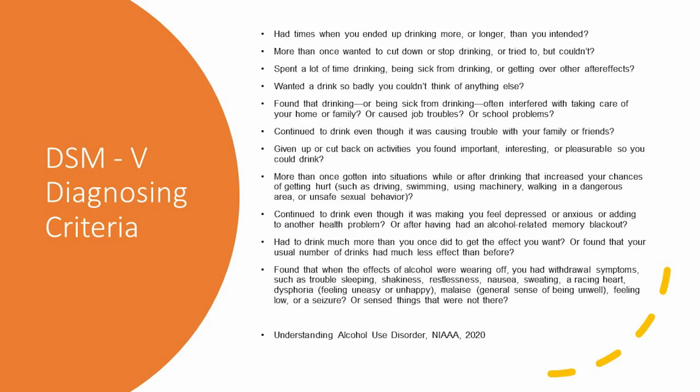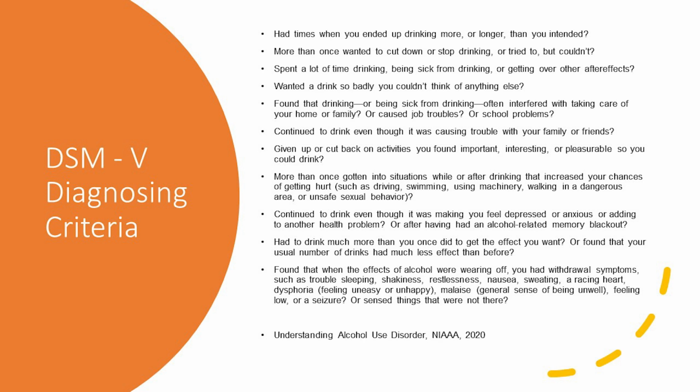Now we're on to how you make a diagnosis of AUD. We go by the DSM-5 criteria. There are 11 things that you look for. They don't have to have all 11, but these are all of them. If they have 2 to 3, it's mild.